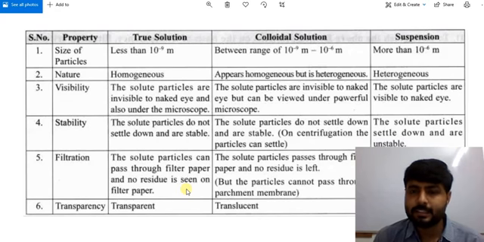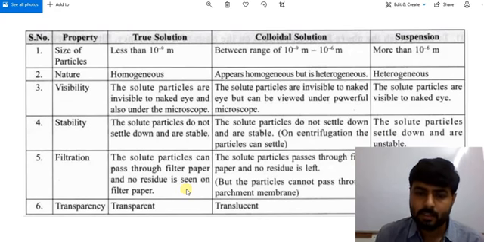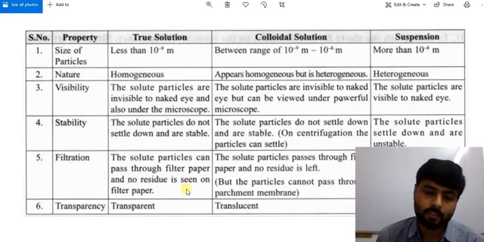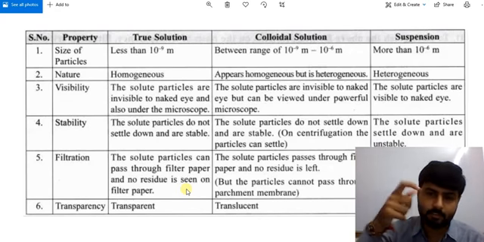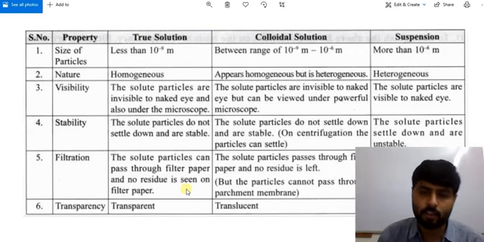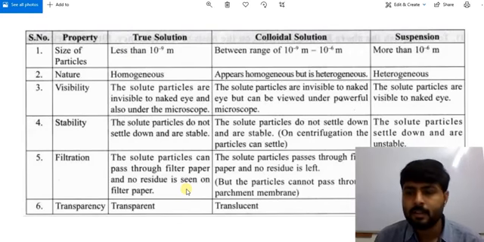That is what we call translucent: half transparent, half opaque. If you take a glass of water, add a few drops of milk in it and stir it, the kind of solution you see is a translucent solution.